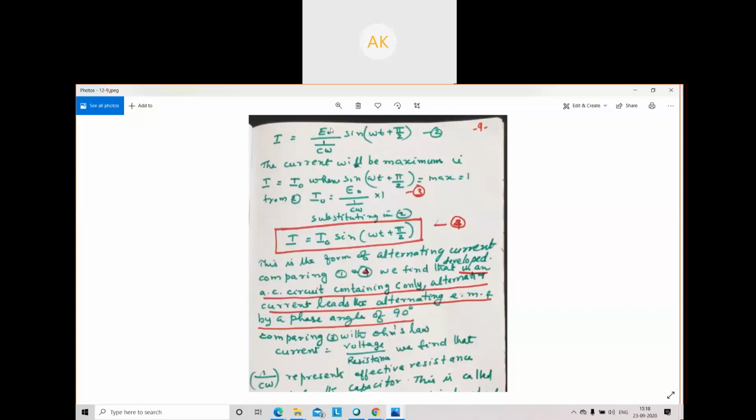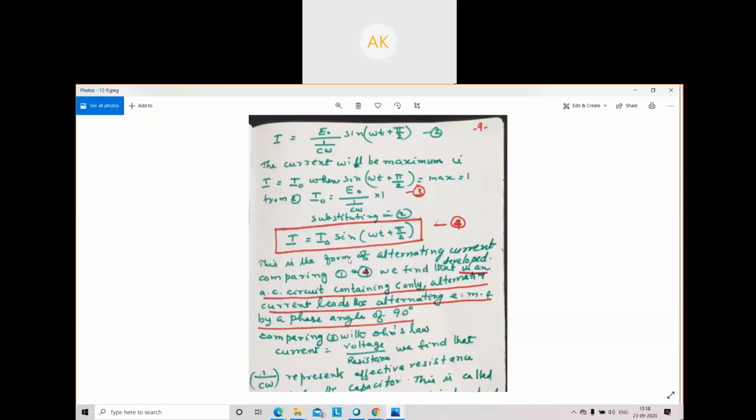So this is E0 by its resistance, that means the opposition offered by the capacitor to AC current, which we can name as capacitive reactance X suffix C, XC. So E0 by 1 by C omega into 1 is the maximum value of current I0. Substituting that, this factor becomes I0. So I equal to I0 sin omega t plus pi by 2.